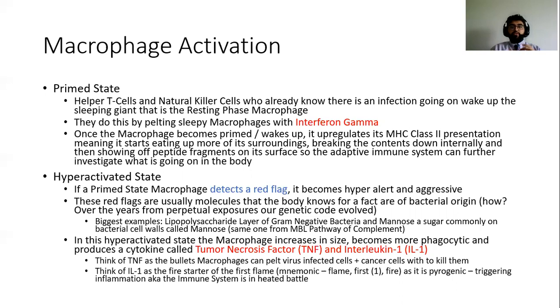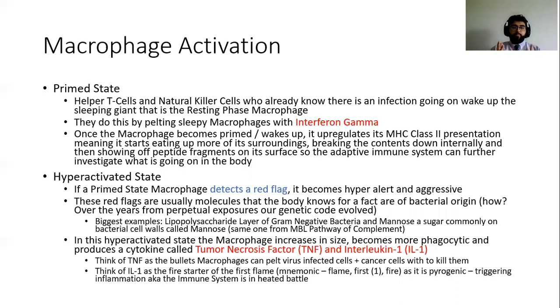And I think of gamma as G for good morning. You're waking up the macrophage in a sense. Once the macrophage wakes up, it'll upregulate its MHC class 2 presentation, and it becomes better at antigen presenting to further activate other T cells, and so forth.